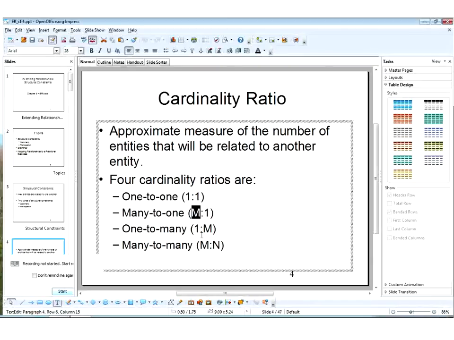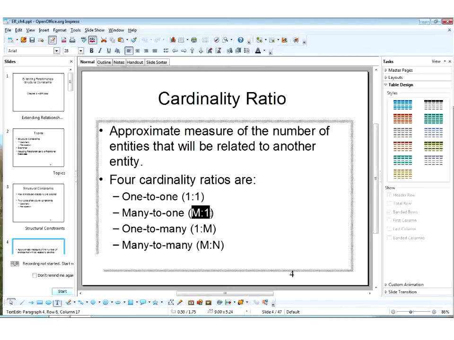And you see these two are the same. The 1 to M and M to 1 are actually the same. They're just reversed. We just kind of do that from a friendliness standpoint. 1 to 1 is pretty straightforward. That's when one entity is only related to one occurrence of the other, okay?